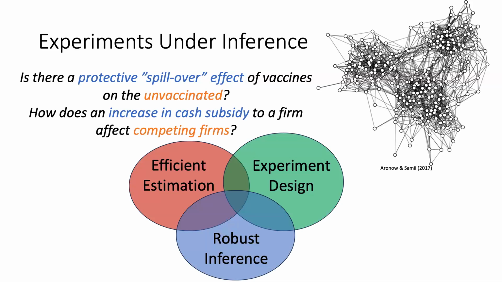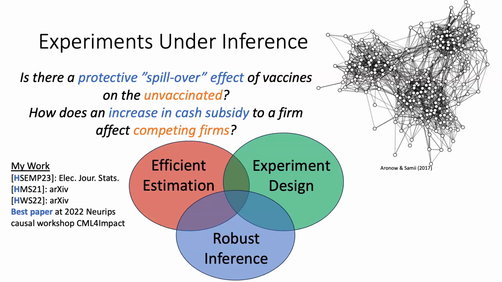Can you estimate these effects well? We have a lot of work on this, and we've understood this fairly well. What we know less about is how to design the experiment when interference is present. You have to take the interference pattern, maybe the network, and what you want to estimate into account, which is a challenging problem to get solid theoretical guarantees on. So I've been working on that.